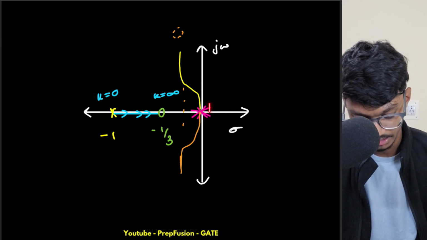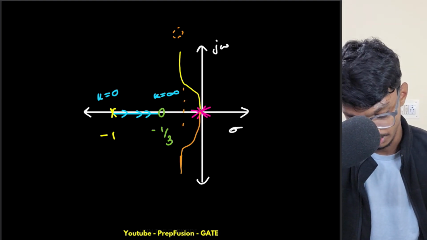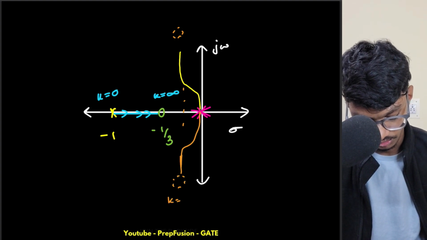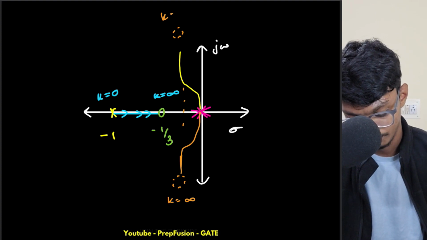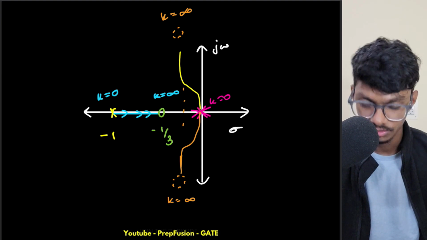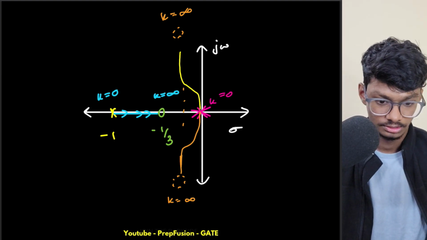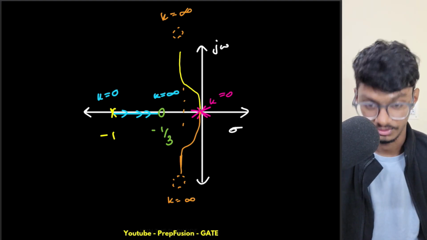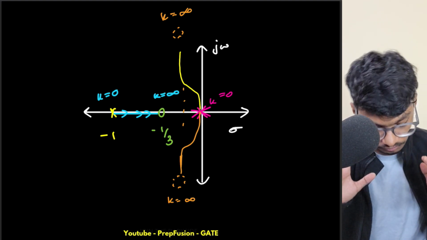One is minus 90 from the real axis, one is minus 270 from the real axis. So these are my asymptotes, and k equals infinity is out there. This is k equals 0. Let me just check that everything is recording. Everything is fine, I have to check in between sometimes. Now this is k equals 0.